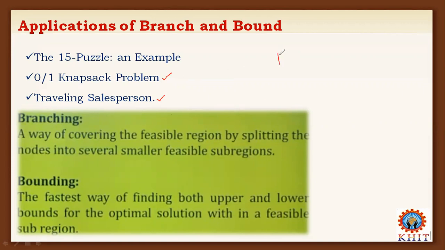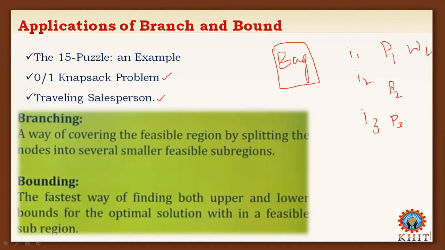We already discussed earlier what is meant by the knapsack problem. There is a knapsack, a bag, and you have some items like item 1, item 2, item 3. Each item has profits P1, P2, P3, and each item has weights W1, W2, and W3.